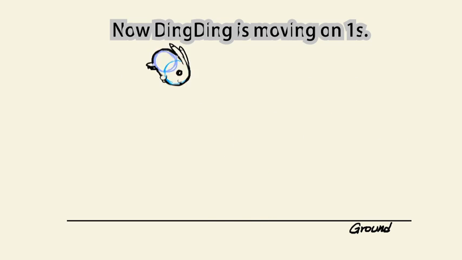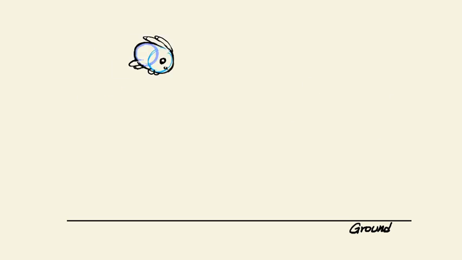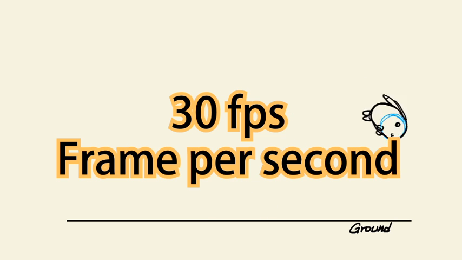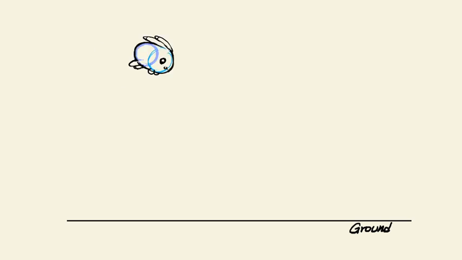For this sequence, when Ding Ding is flying in and dropping to the floor, I have a movement on 2s, and when she's rolling on the floor, I have it on 1s to be slightly faster. My frame rate for this sequence is about 30 frames a second. I like using 30 frames per second because it's easier with math.